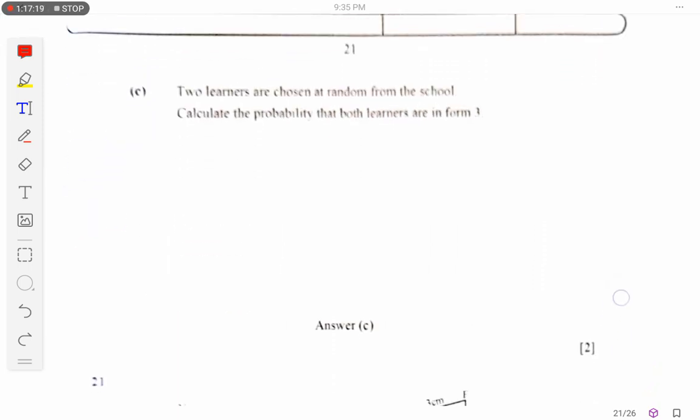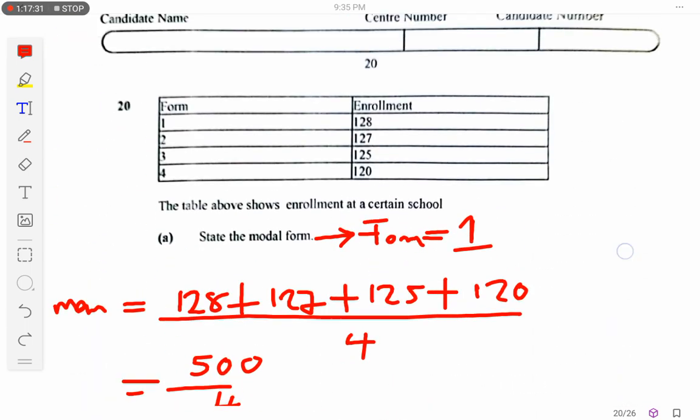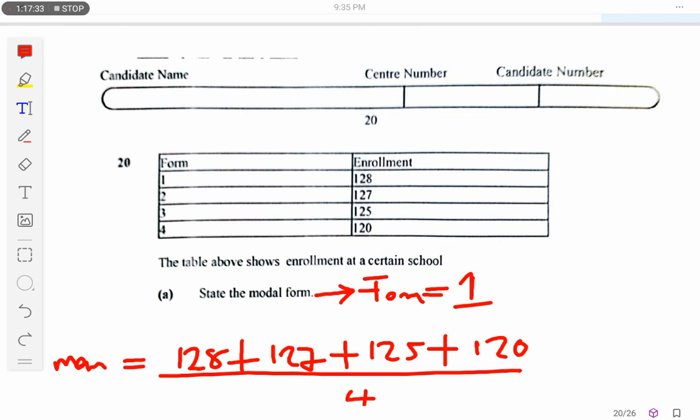Okay, then they are saying 2 learners are chosen at random from the school. Calculate the probability that both learners are in form 3. Okay, when they are saying both learners are in form 3, let's go back and see. So when they say both learners are in form 3, it means we are having 125 over total. We added all these numbers here, guys. The total was 500.